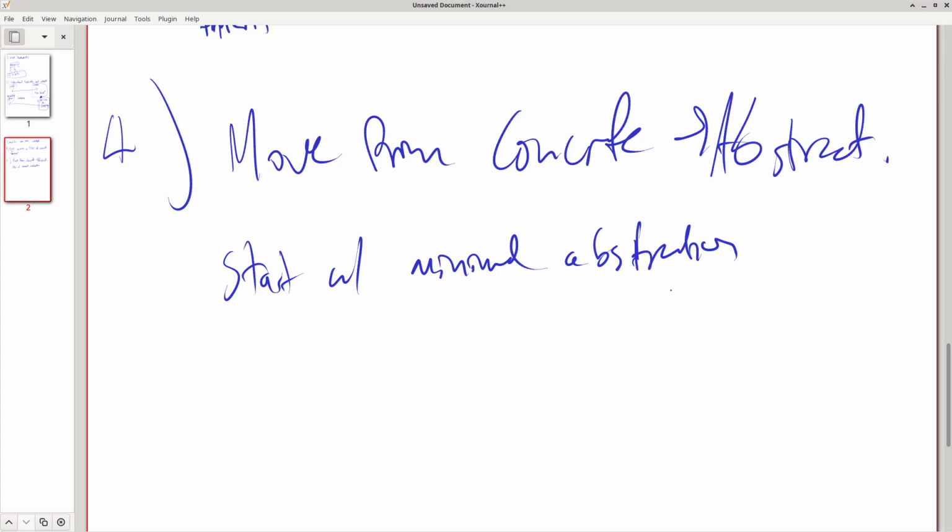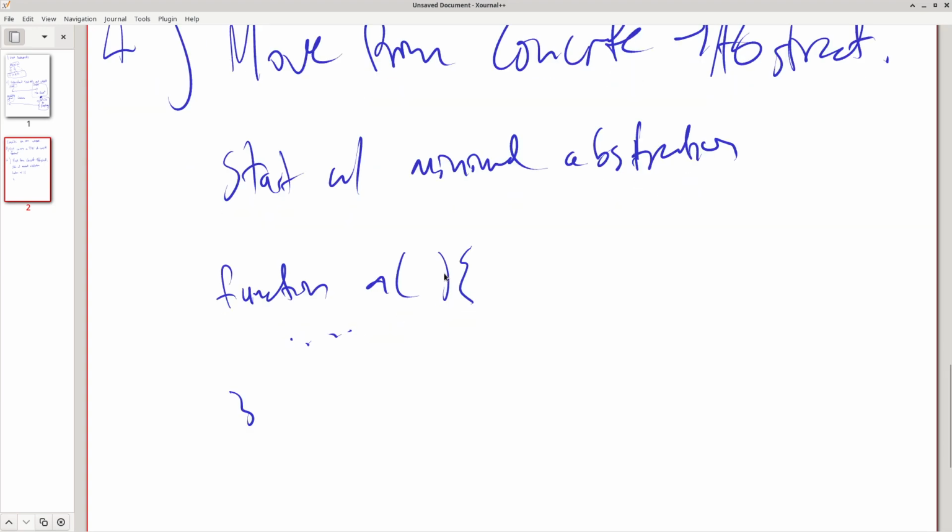So what I mean by that is, say you have a function A, right? And it does some stuff. But if it only does, say, the stupidest abstraction I can think of is add.